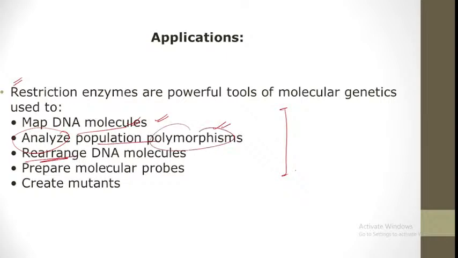It is helpful in rearranging of the DNA molecules. Then we have the application of preparing molecular probes and creating mutants as well. So these are the main important applications of restriction digestion. This was the main concept about the complete topic.